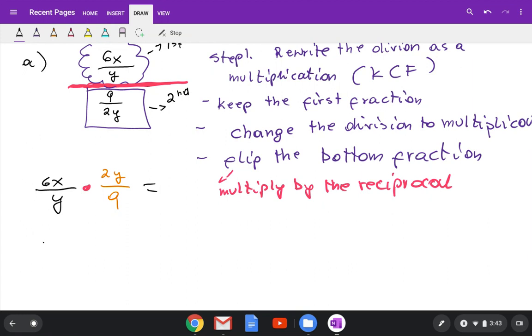So your step 2 will be multiply two fractions. You're going to multiply numerators and multiply denominators together.